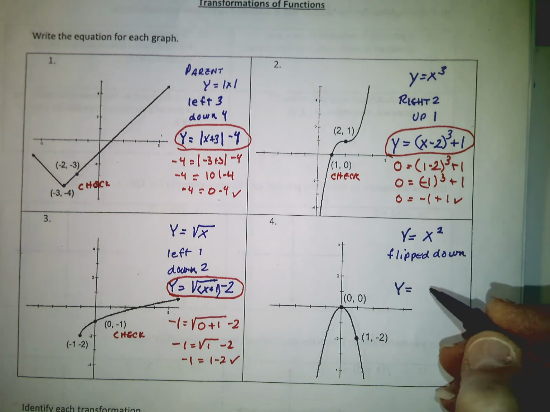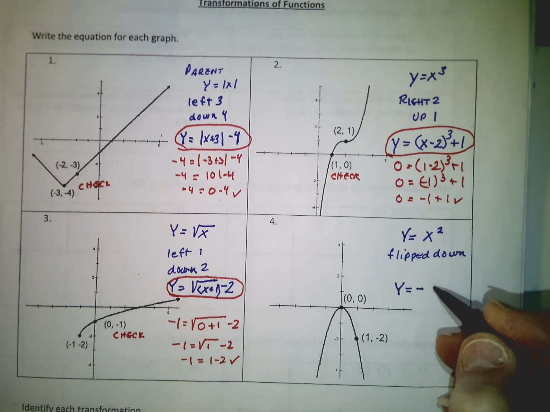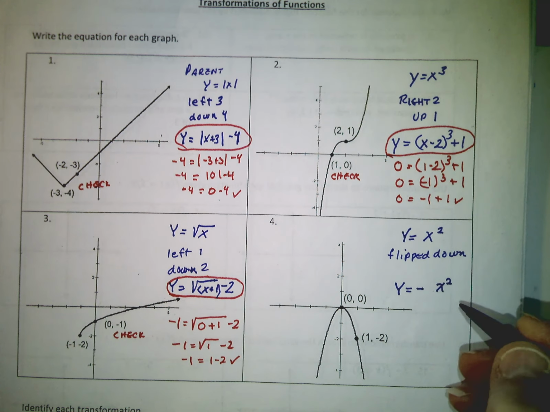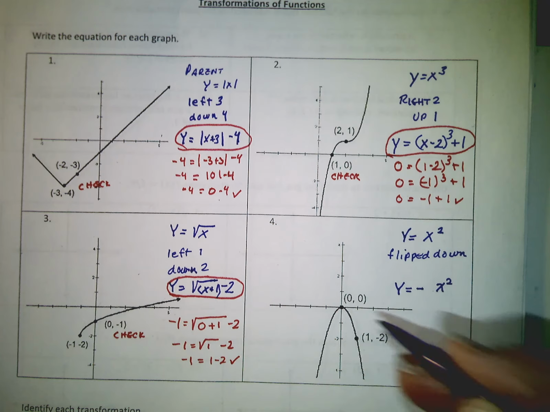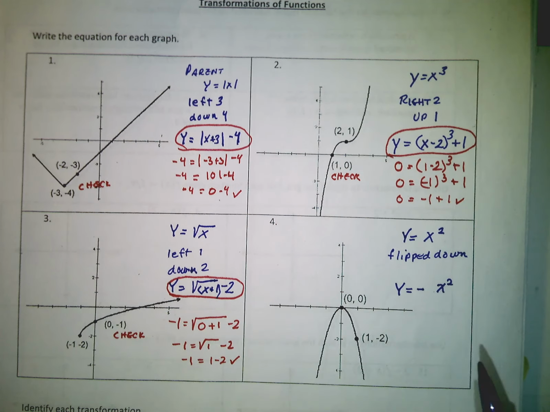So the equation of the transformed thing is going to have to be negative something x squared, no pluses or minuses on the end, didn't get lifted up or down, didn't get slid left or right either.